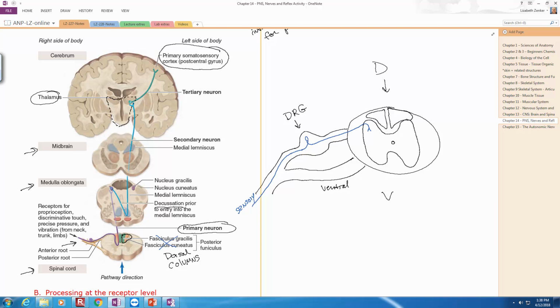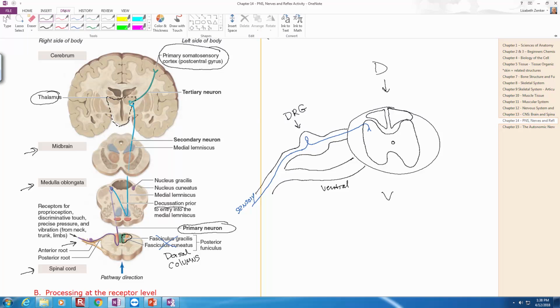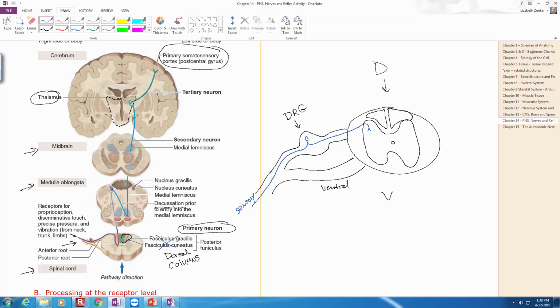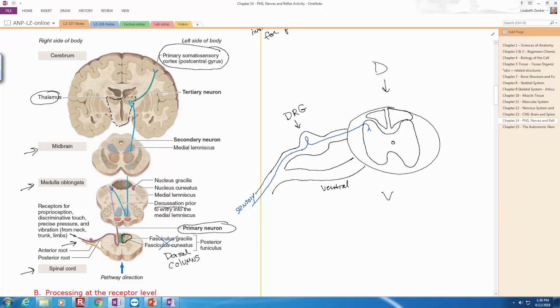Let me do green. So on here, I did a neuron here, and he was my interneuron. And then I drew another neuron for motor, and he'd come out and be effector, so motor, right? So that was a very simple circuit, if you will.